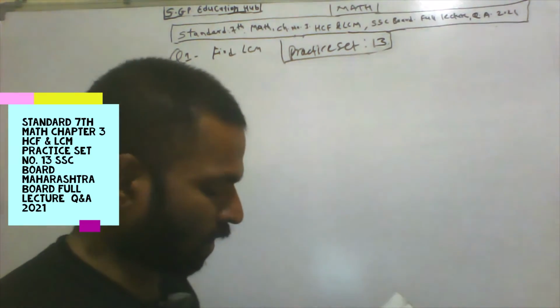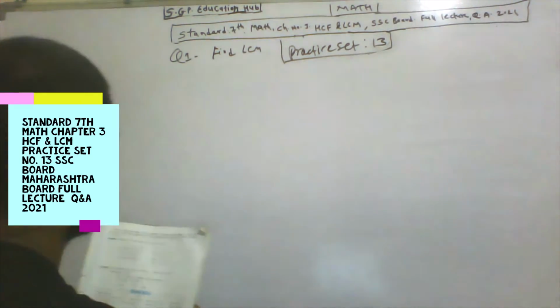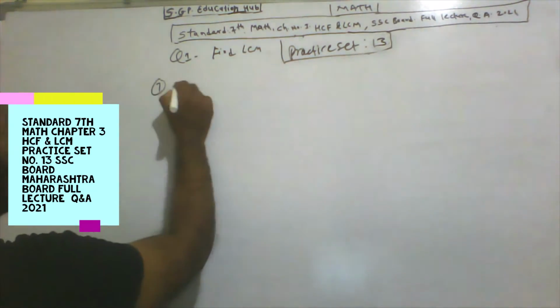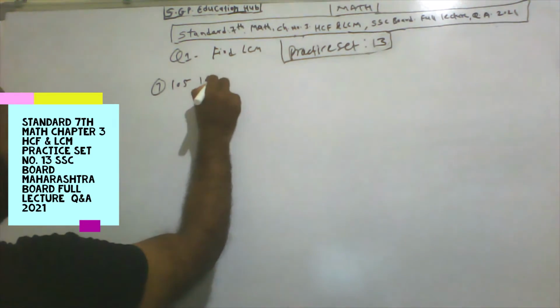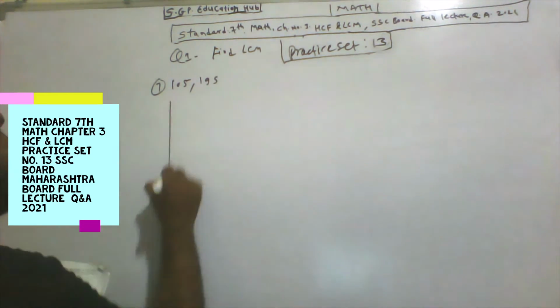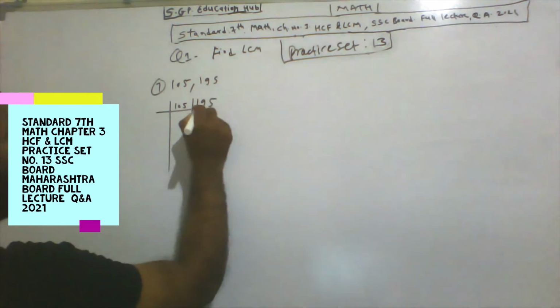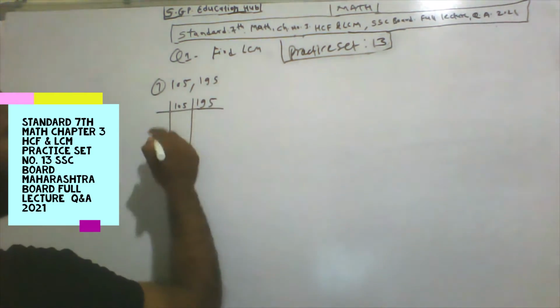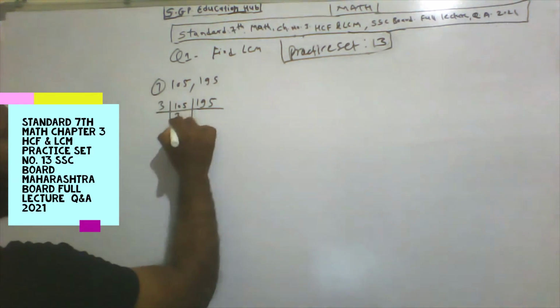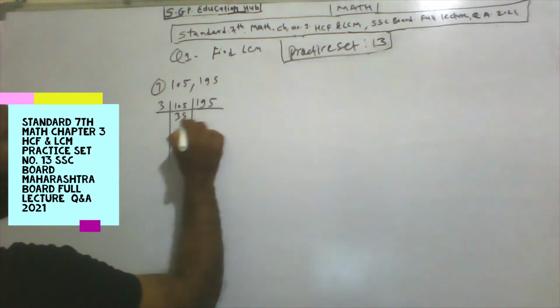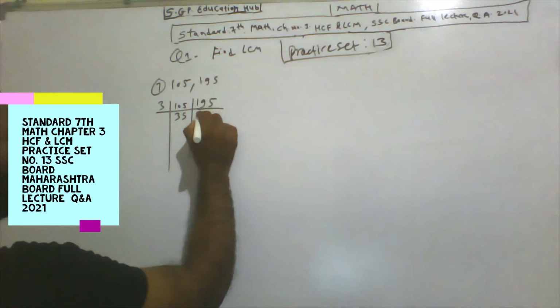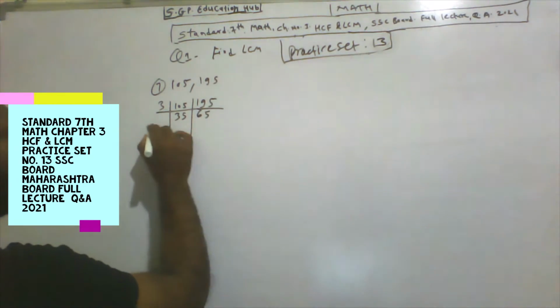Now question number 7, 105 and 195. Two numbers are there, 105 and 195. 3 threes are 9, 3 fives are 15, 3 sixes are 18, 3 fives are 15.